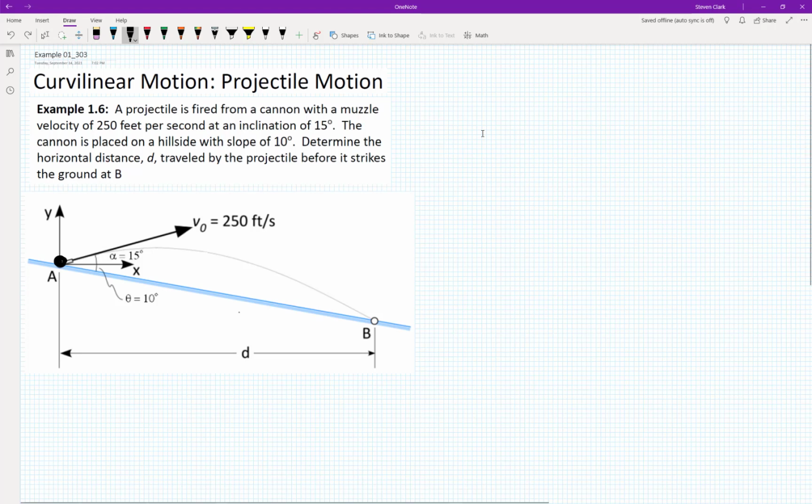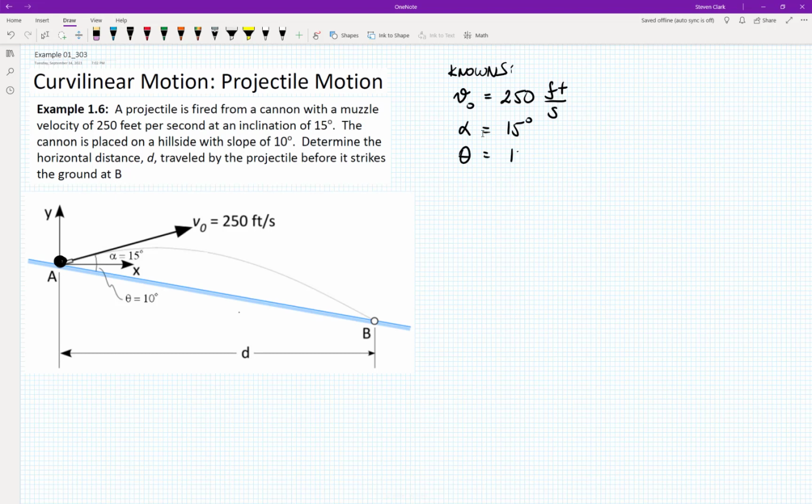Okay, so let's maybe write it down. V0 is 250. We also know these two angles. Oh, this is 10. And we also know gravity. Yes, we move in a gravitational field.